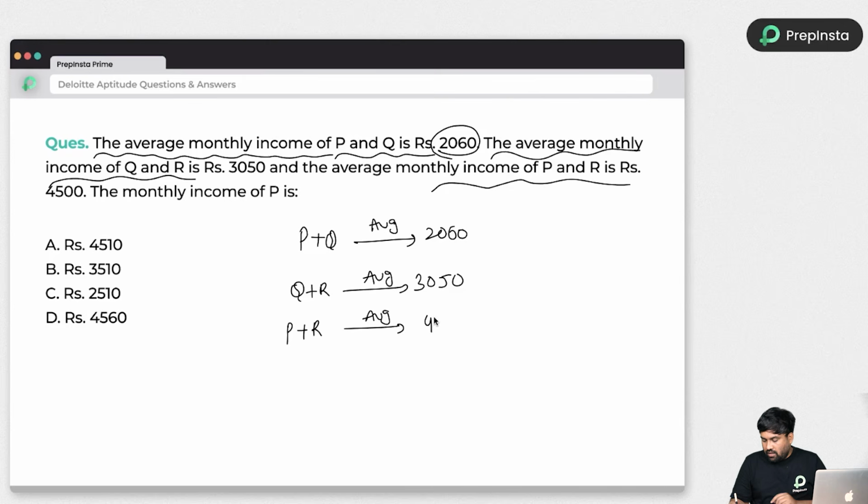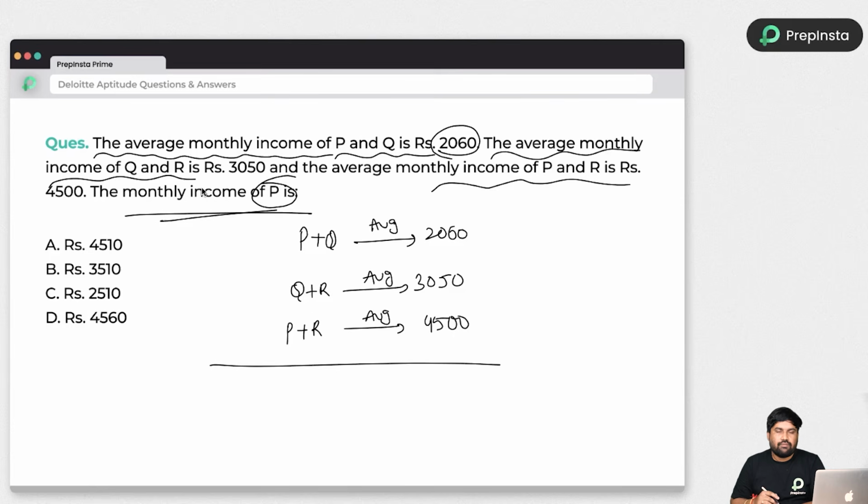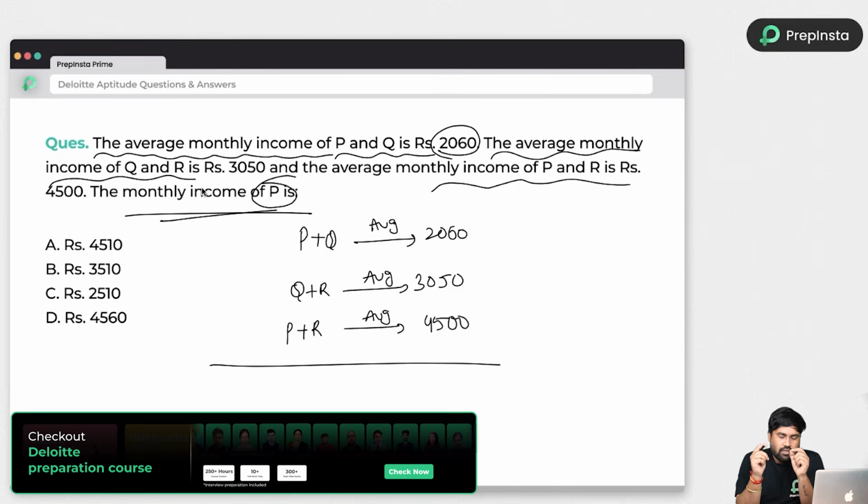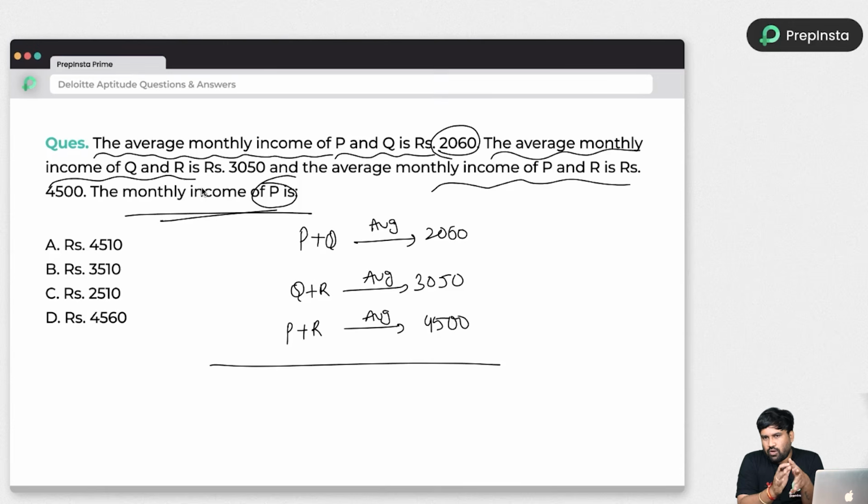So I am just erasing, yeah, 4500. Then what is the income of P? Guys, I said without using pen and paper. So I will tell you that method first, then I will explain the regular methods whatever people do. So just look here, you want to get P, right?